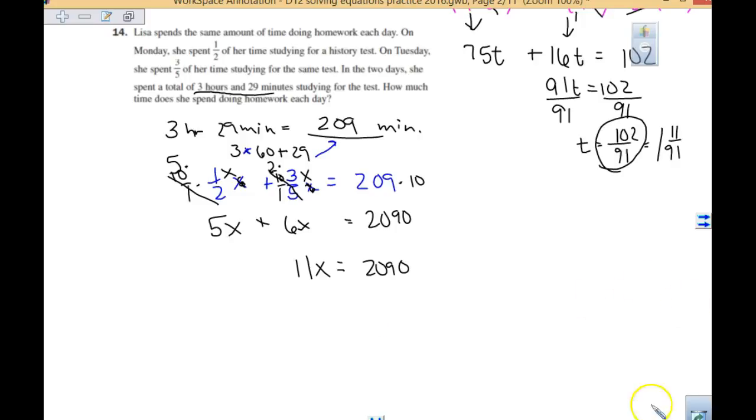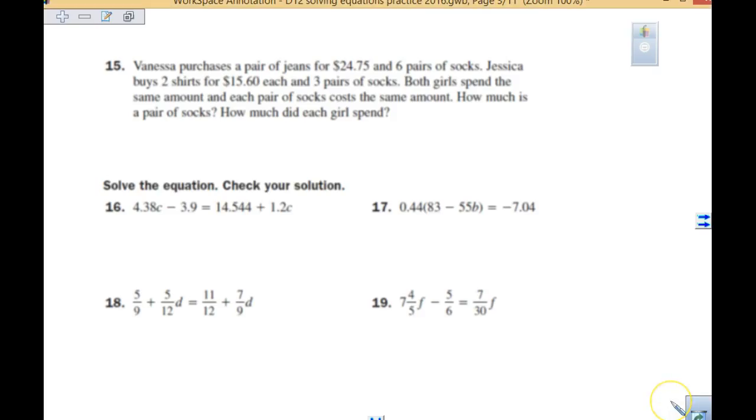Question 15. I think the most common mistake that I looked at in this problem, I had a couple people in working this morning, we were looking at it, is when you start off the problem, everyone goes, oh, the jeans are $24.75, plus I got 6 socks. That's the same as 3 socks and 2 shirts.